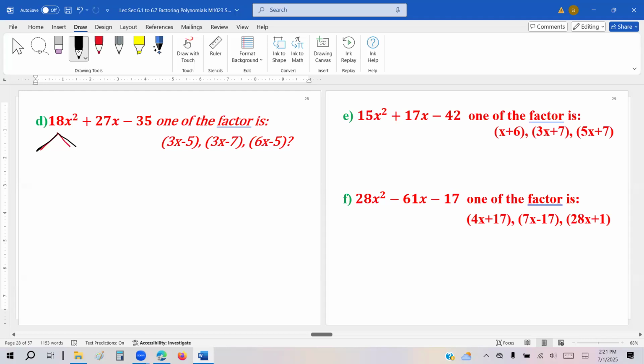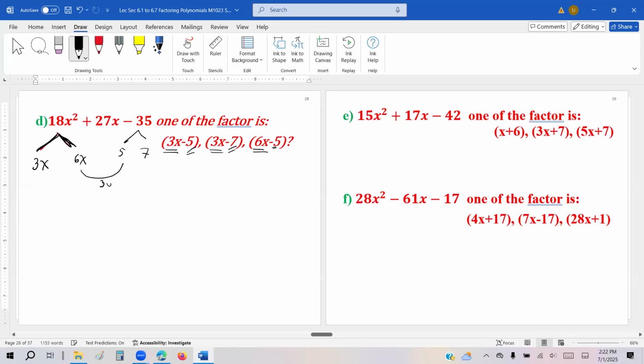Okay. So here I'm going to tell you more about sign. So 18, so we have 3 and 6. So 18 is definitely 3x and 6x. And then we have 5 and 7. So this is definitely 5 and 7. So let's see which pair gives us 27.